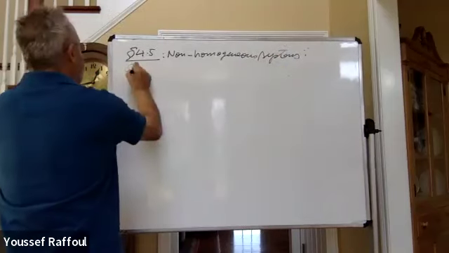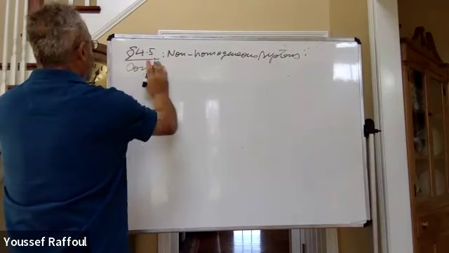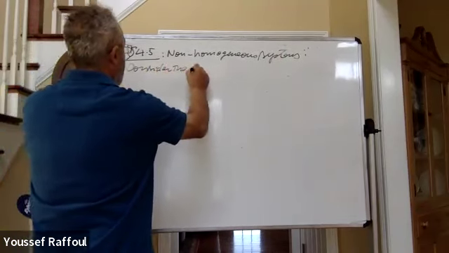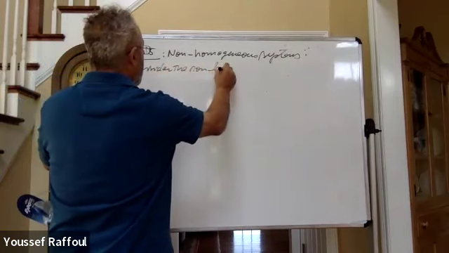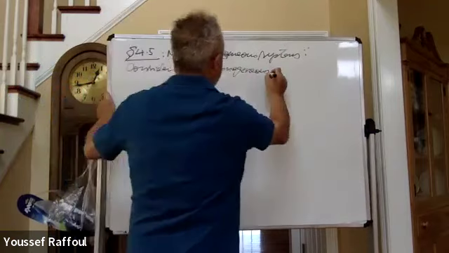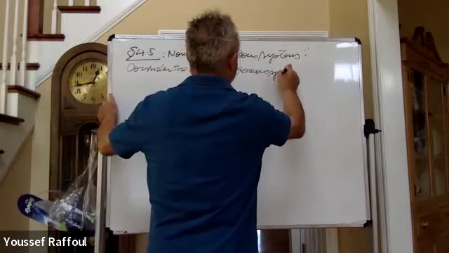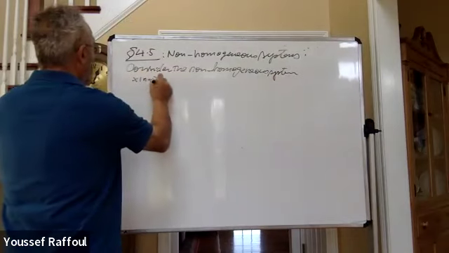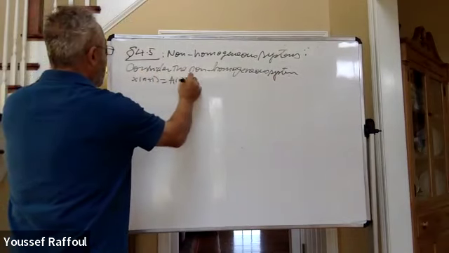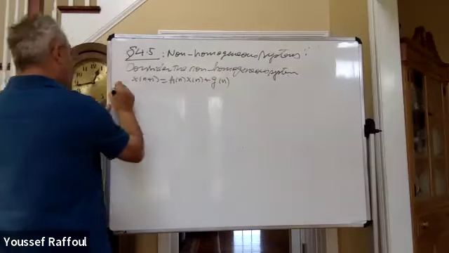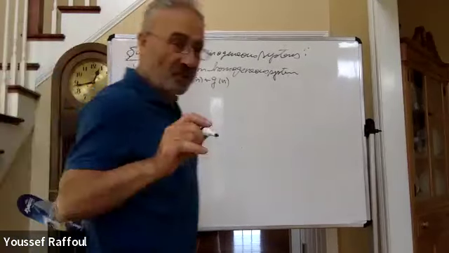So we're going to consider the non-homogeneous system x n plus 1 equal A n x n plus g n.